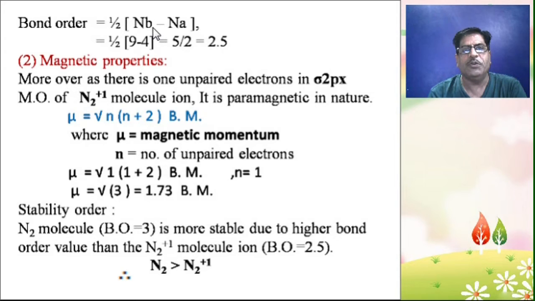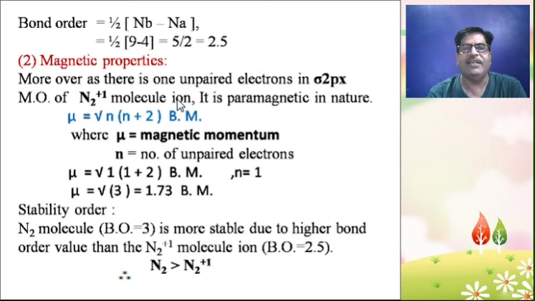In N2 there are 10 electrons, but when the N2 plus 1 molecule ion forms, 1 electron is removed from the sigma 2px BMO of the N2 molecule. So 9 minus 4, 5 by 2, is equal to 2.5. So the bond order is 2.5 in N2 plus 1, and in N2 the bond order is 3.